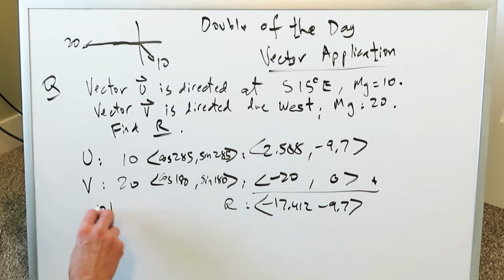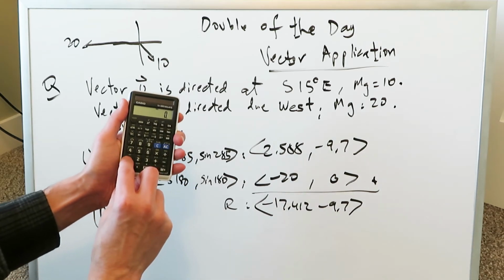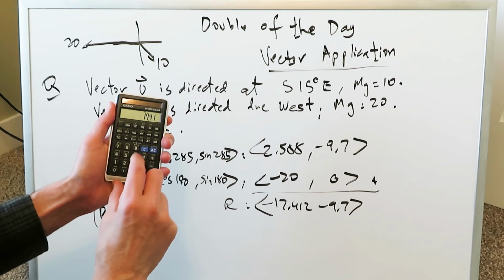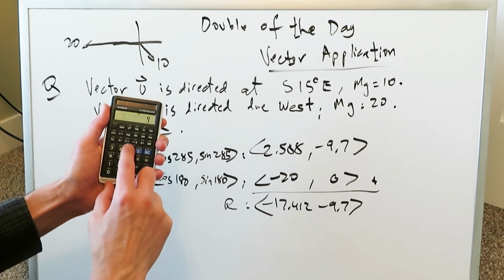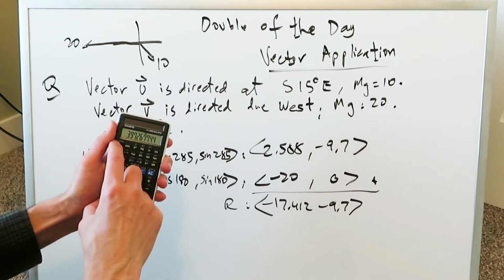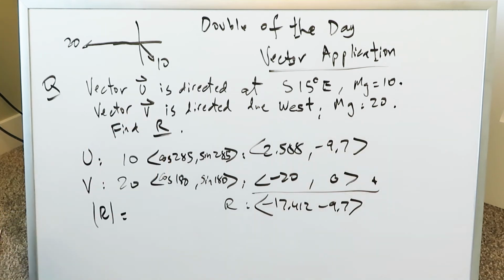Anyhow, we can find the magnitude: you'll do this square plus that square and square root. The negatives will go away. We'll do 17.412 squared plus 9.7 squared and square root. We get 19.9. So it's very close to 20. This 10 had a very negligible effect.